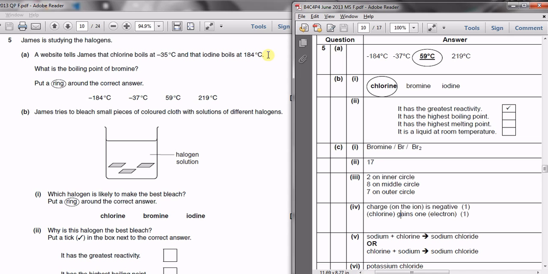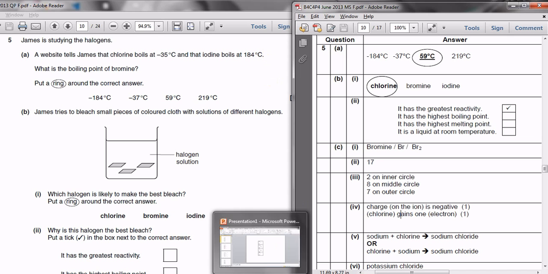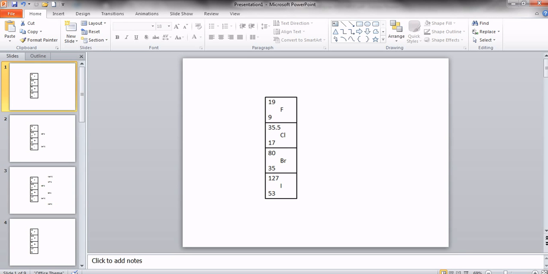Okay, so the way to attack this question is to look at the back of the paper where the periodic table is, and look where bromine is in comparison to the information that you've been given about chlorine and iodine. Chlorine boiled at minus 35 degrees Celsius, iodine boils at 184 degrees Celsius.